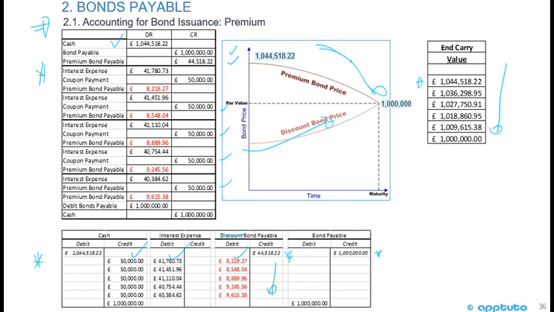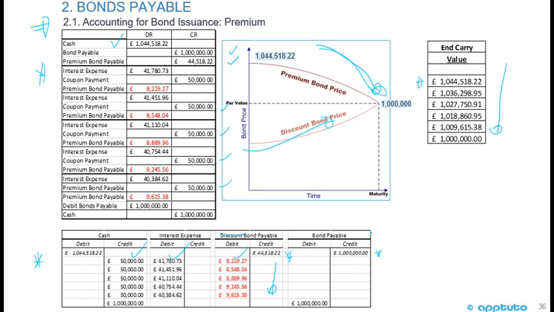If it's at a premium, we're being pulled down to par. And as I mentioned, with regards to the cash flow from operations, these amortizations on premiums and discounts are non-cash items, so they have to be added back or subtracted.